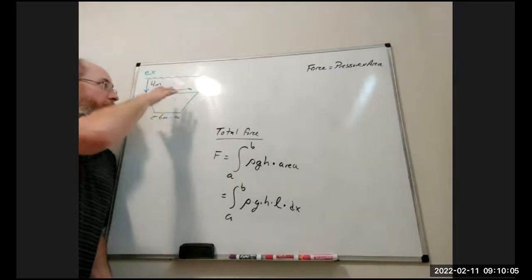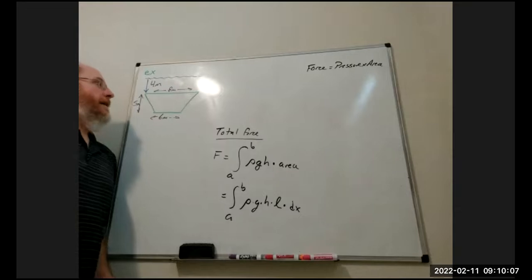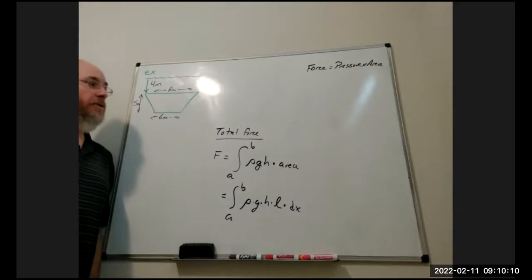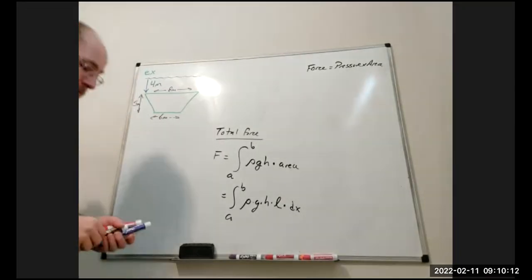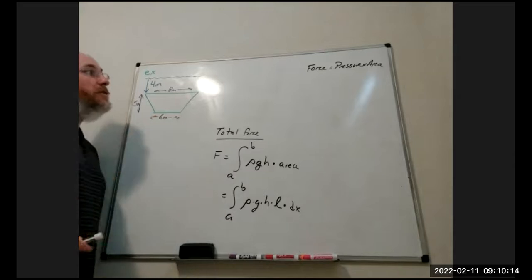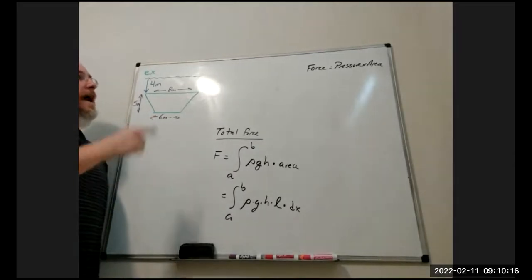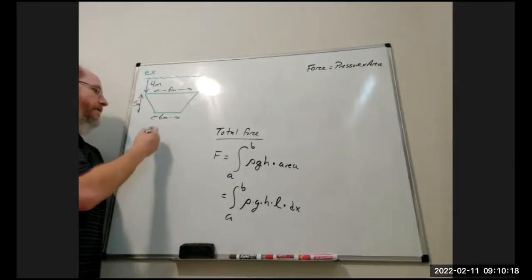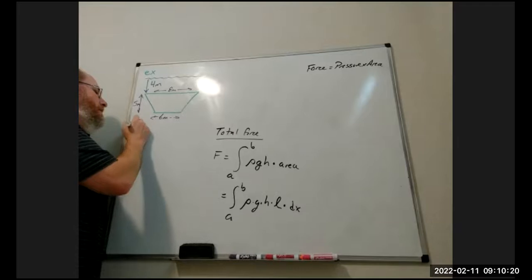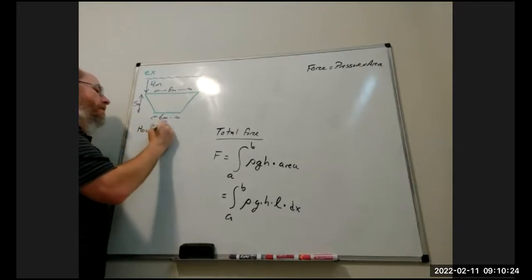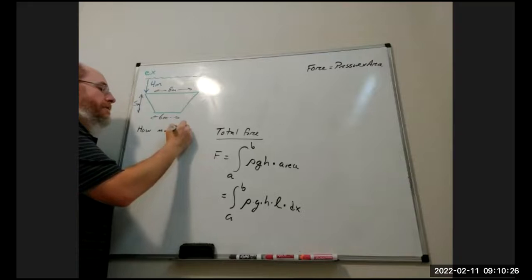So maybe that's just something that's submerged under the lake, and here's our object. So here's what I want to figure out: what is the total force acting on this thing? So that's our question, how much force is pushing on this dam?